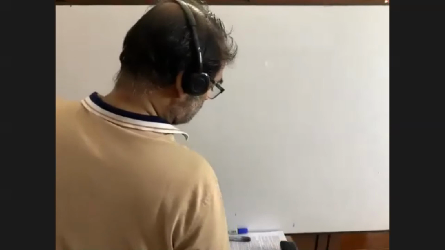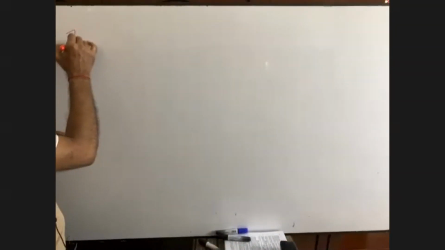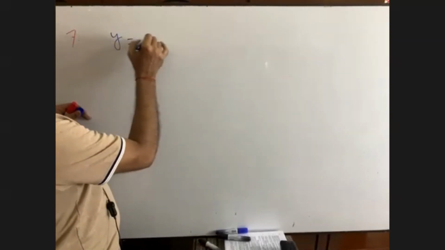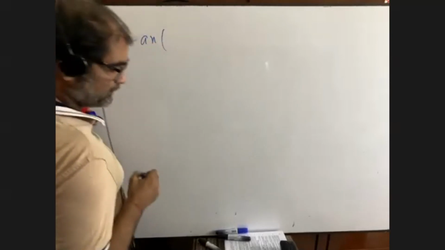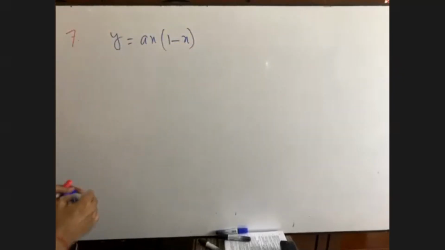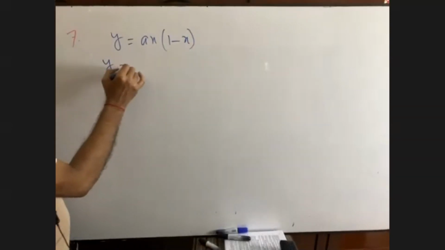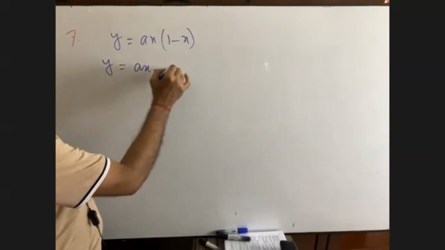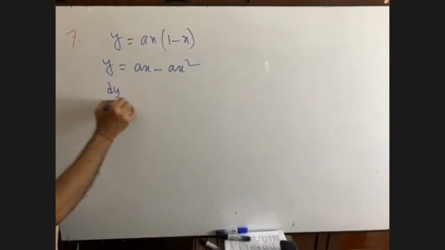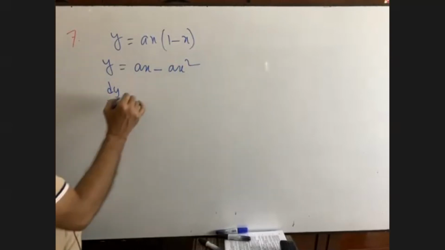Another math, question number 7, which is really very, very important. Write down. It is really very, very important. It is given y equals to ax into 1 minus x. What is to do? Nothing. You write down y equals to ax minus ax square. Right? Now dy by dx equals to what?